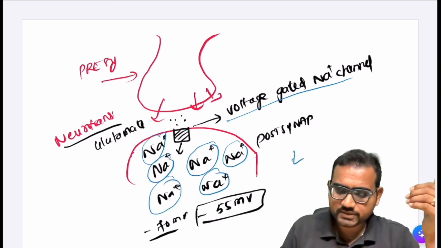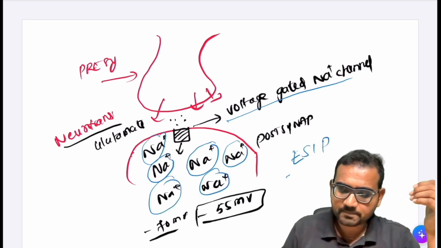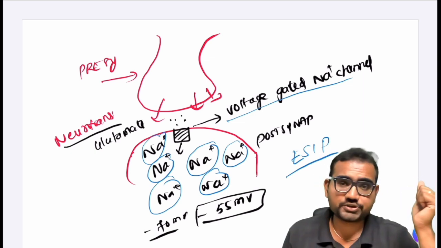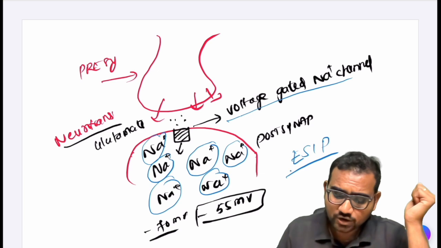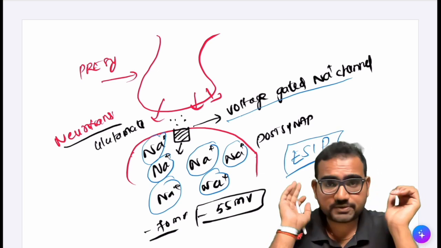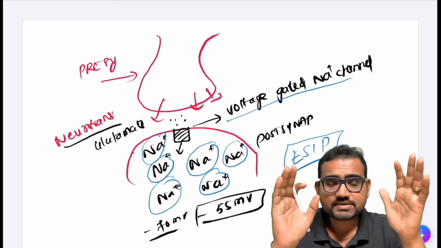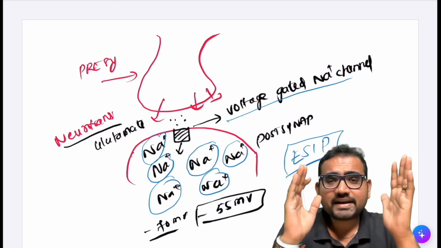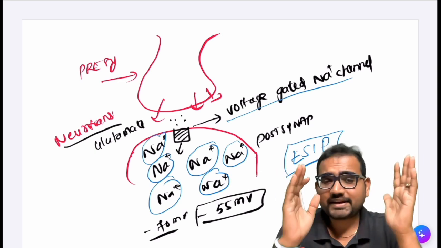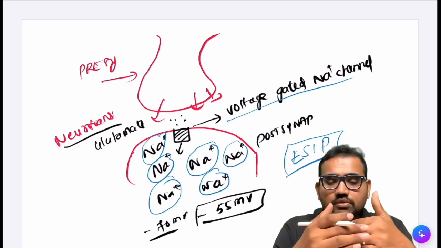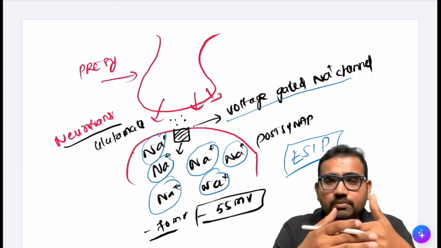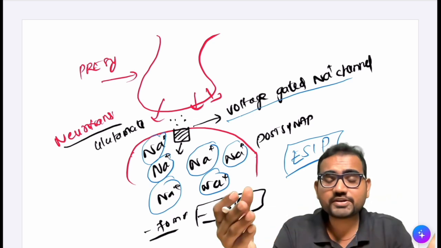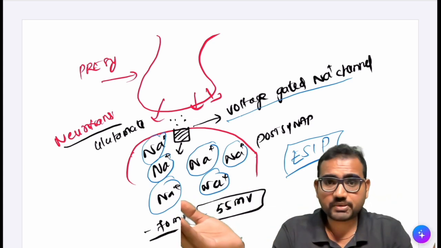This is called EPSP, excitatory postsynaptic potential, or excitatory stimulation. It causes more and more sodium influx. Sodium influx is more, positivity is more, and the nerve reaches threshold.